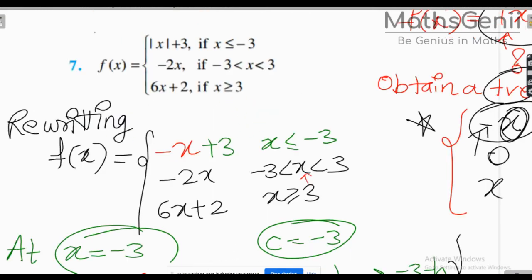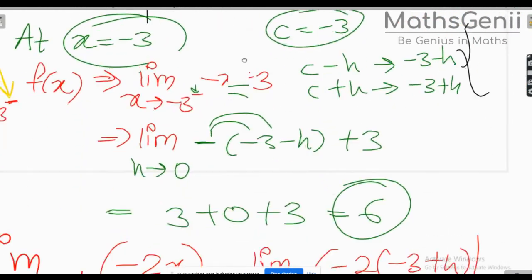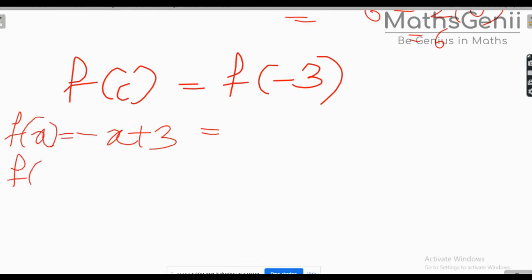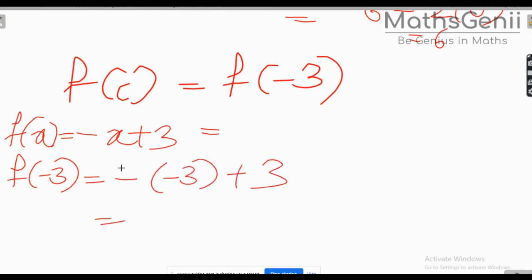Okay. So it's going to be minus x plus 3. So your function is minus x plus 3. How do you find f of minus 3? This is your f of x. How do you find f of minus 3? It's the most simplest of all. Just substitute the value in place of x. So minus minus plus. So this is 6.